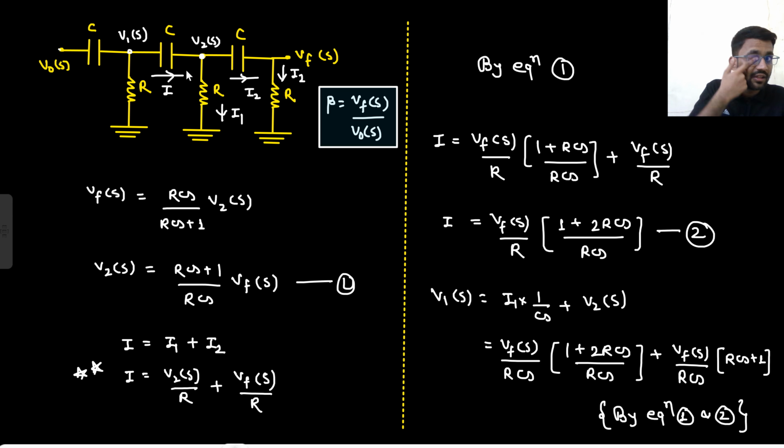V1S would be current into this impedance, I into 1 by CS plus V2S. Basically, V2S plus this potential equals V1S. So what is that potential? That potential is I into 1 by CS, right? This is not I1, this is I only, sorry for that. So I into 1 by CS plus V2S.